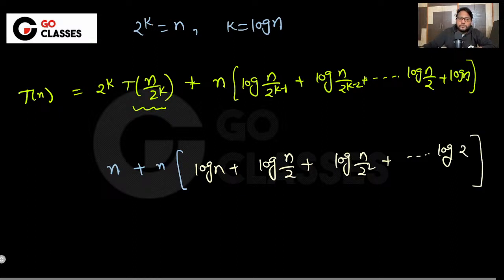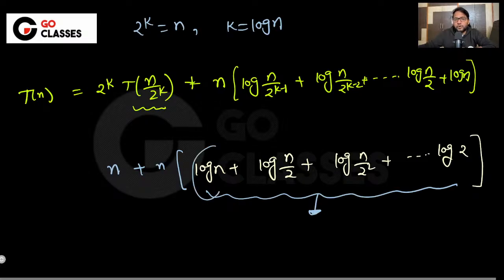Okay, now can you tell me what this summation is? How to solve for this summation? Just let me know how we can solve for log of n plus log of n by 2 plus log of n upon 2 square, and so on. How can we solve for this summation?